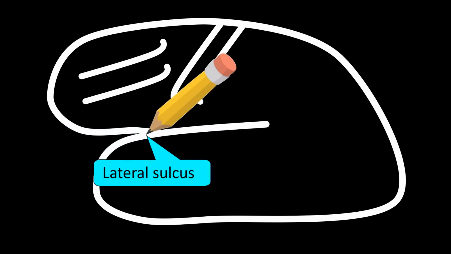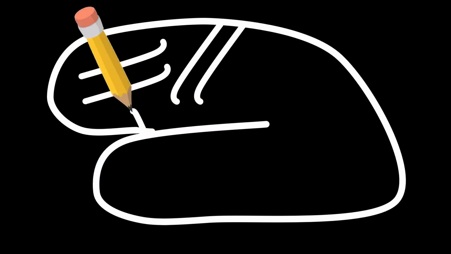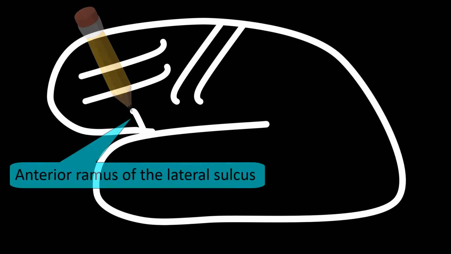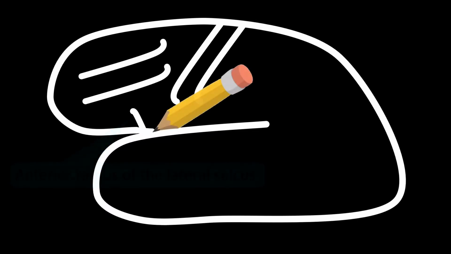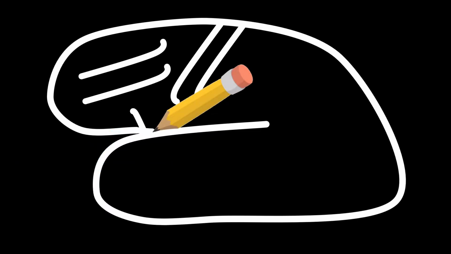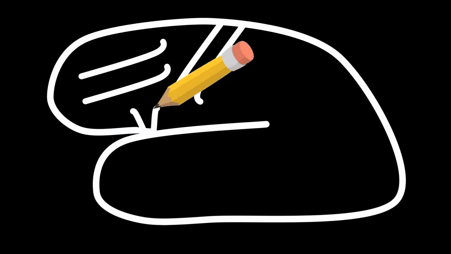Now go to where the frontal pole and the temporal pole meet. Draw a short line going up and forward. That is the anterior ramus of the lateral sulcus. Go a bit back and draw another line just about the same size but slanted backwards.